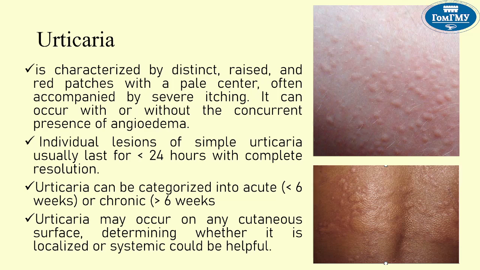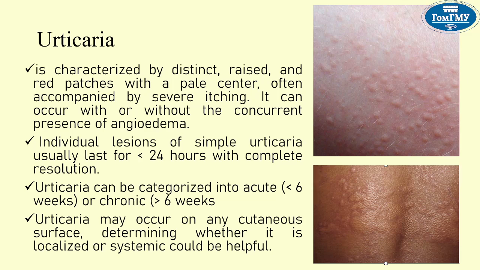According to the European Academy of Allergology and Clinical Immunology, urticaria can be categorized into acute, less than 6 weeks, or chronic, more than 6 weeks. Recurrent episodes lasting for more than 6 weeks are unlikely to be caused by allergy and should prompt the clinician to search for other physical, inflammatory, or idiopathic causes of urticaria.